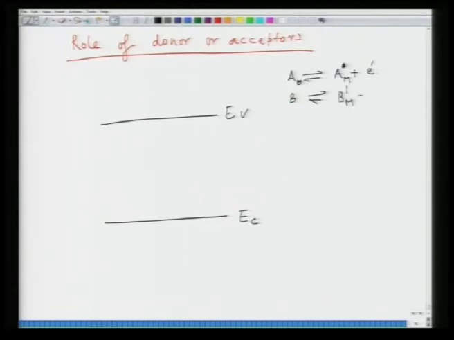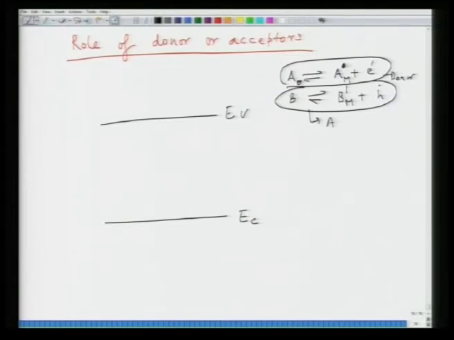If it gets reduced, it gives rise to a hole. Okay. So, this kind of impurity will be a donor impurity, and this kind of impurity would be an acceptor impurity because it creates a hole.